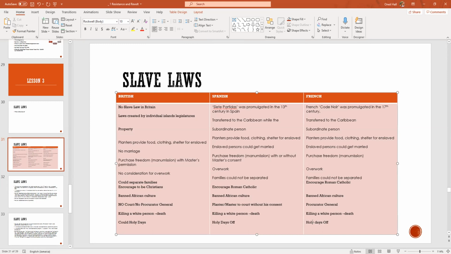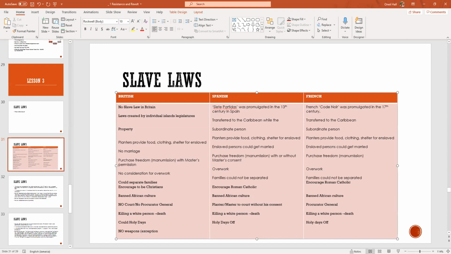And then the last one: were you permitted to carry guns in the British territories? No, sir. No weapons. What was the only exception in the British territories? Enslaved people overseeing the plantation workers?